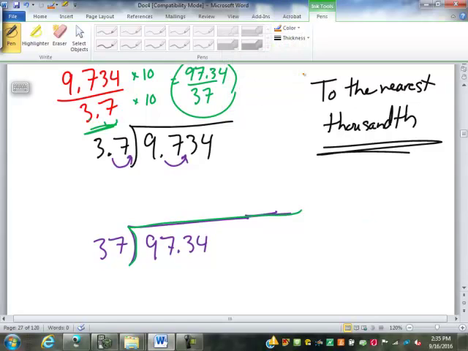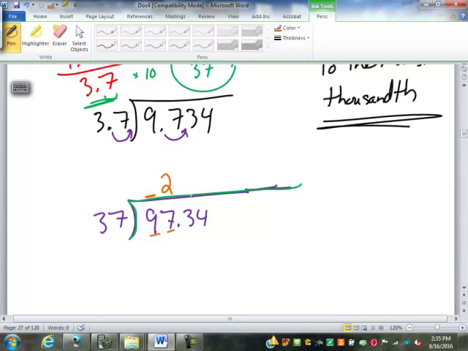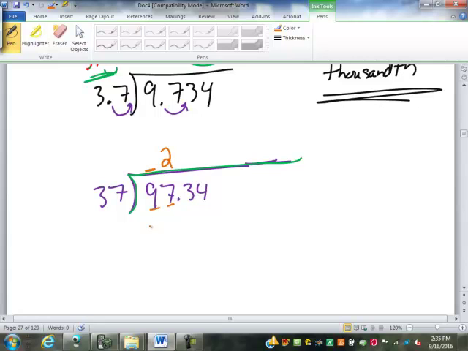So now we're going to divide. Does 37 go into 9? No. So we'll leave it blank above the 9. Does 37 go into 97? Yeah. Goes in there twice. 2 times 37 is 74. If you don't know that, you can always do 37 times 2 off to the side.